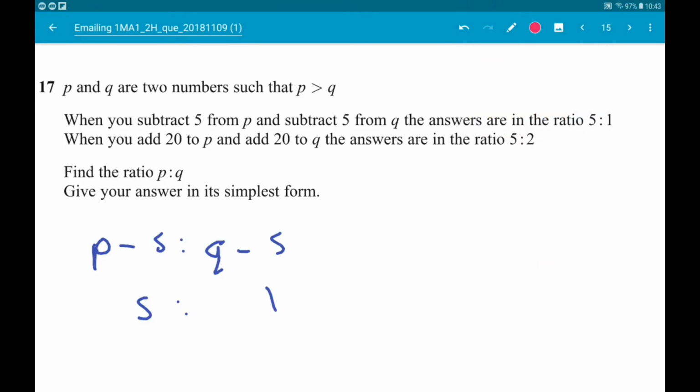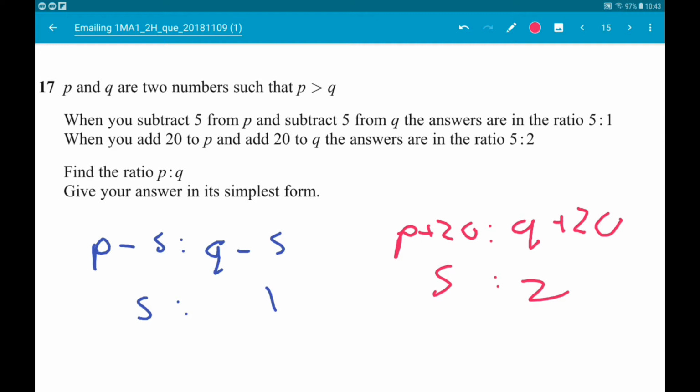So, P add 20 to Q add 20 is in the ratio 5 to 2. Good times. Okay, so we want to find the ratio P to Q, giving our answer in its simplest form.